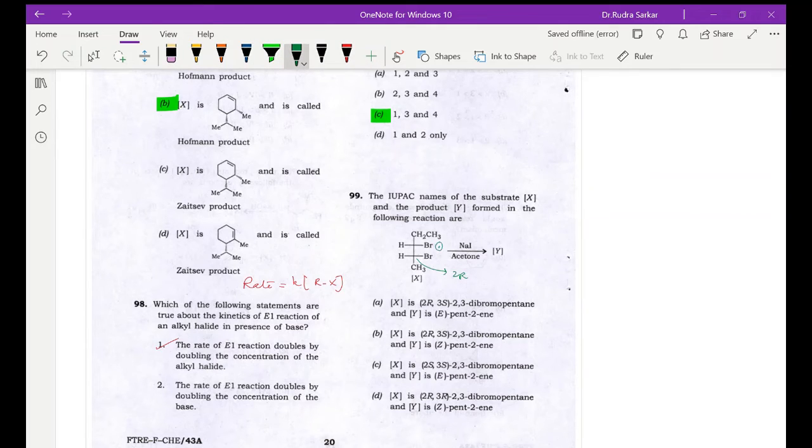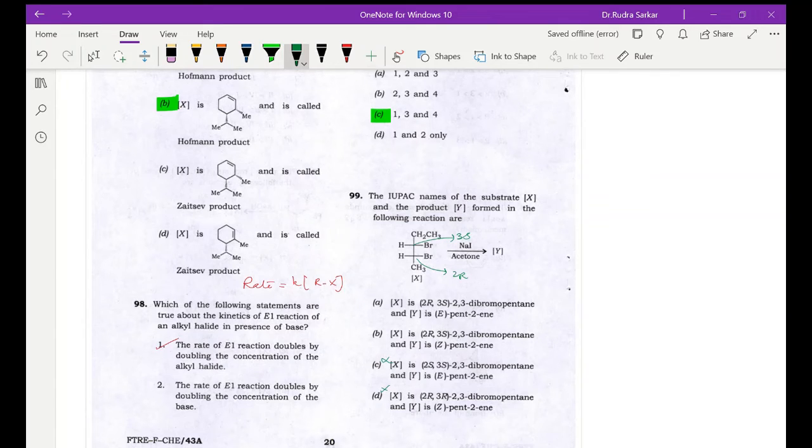What about this one? 1, below carbon is 2, and that one is 3. So over here we're going clockwise, so we have to take the reverse. For this one it is 3S. So 2R, 3S, that is first of all what we have to understand. So over here this one and that one are incorrect. So you have to choose between A and B.